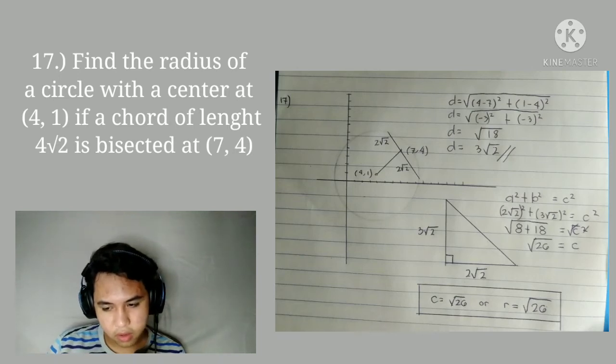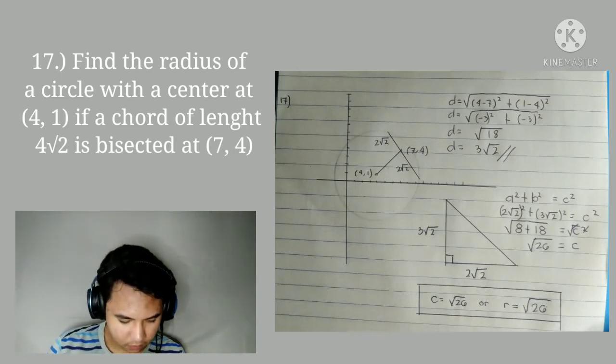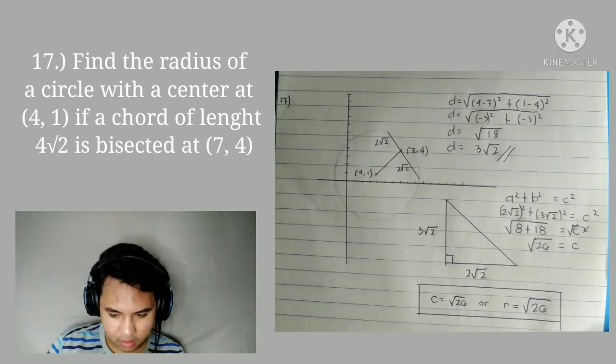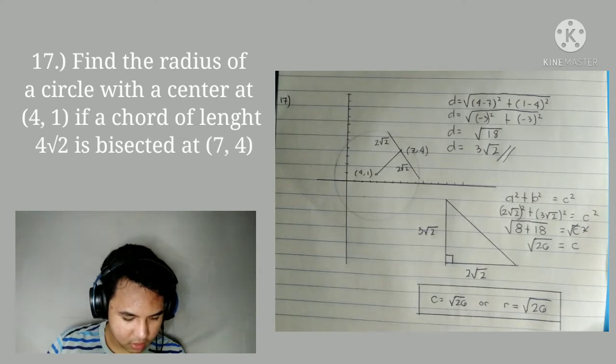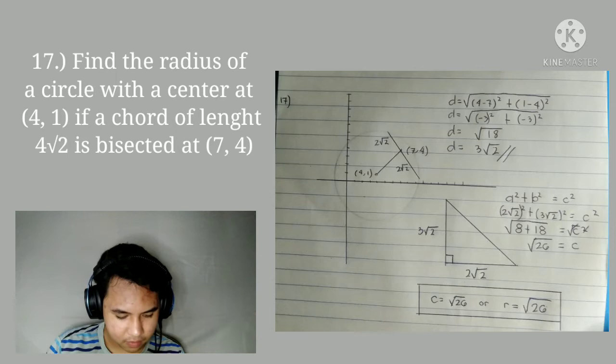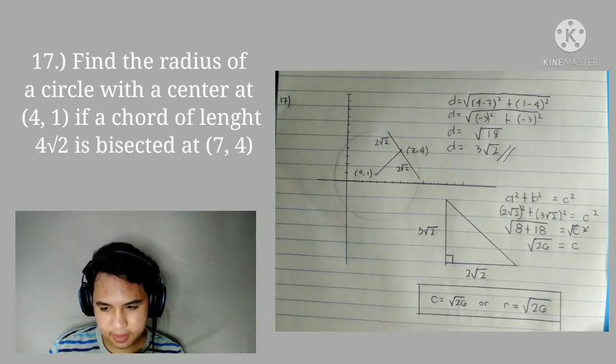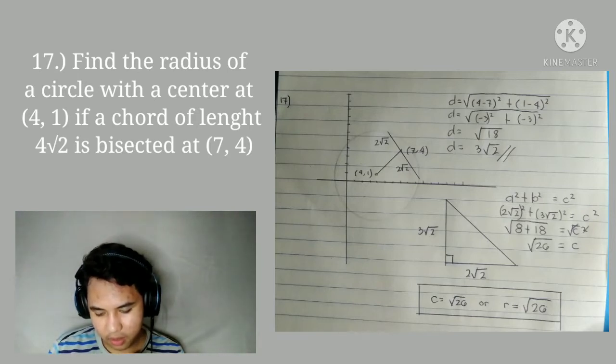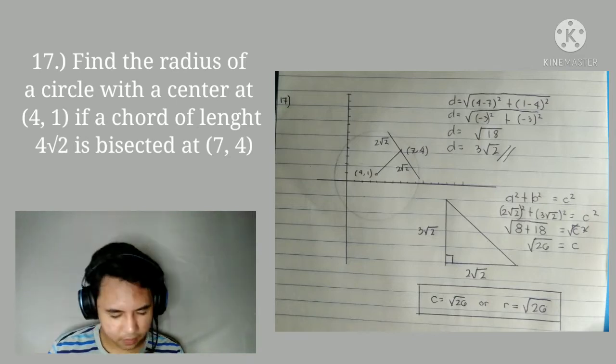I need to plot our points so that we can draw our circle and find the radius. As you can see here, I've already plotted the given points, and since we have the length of our chord, we can use it later.